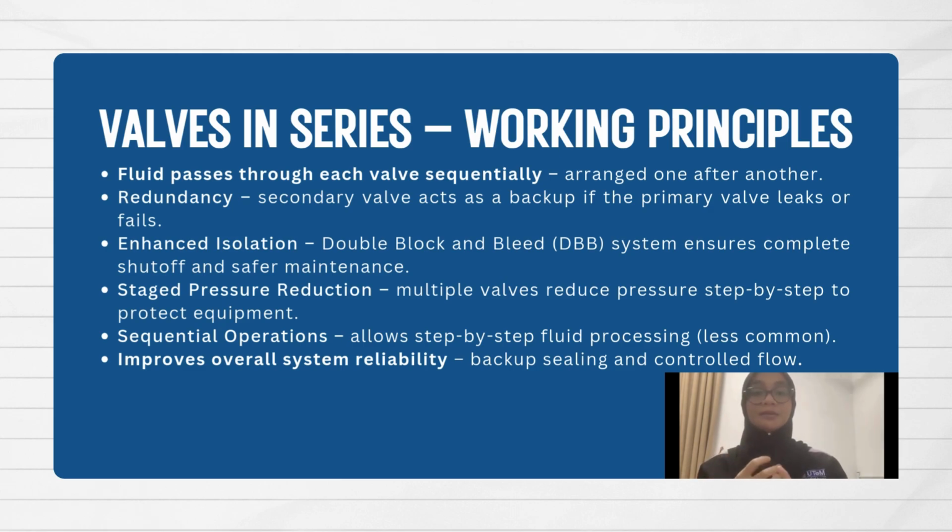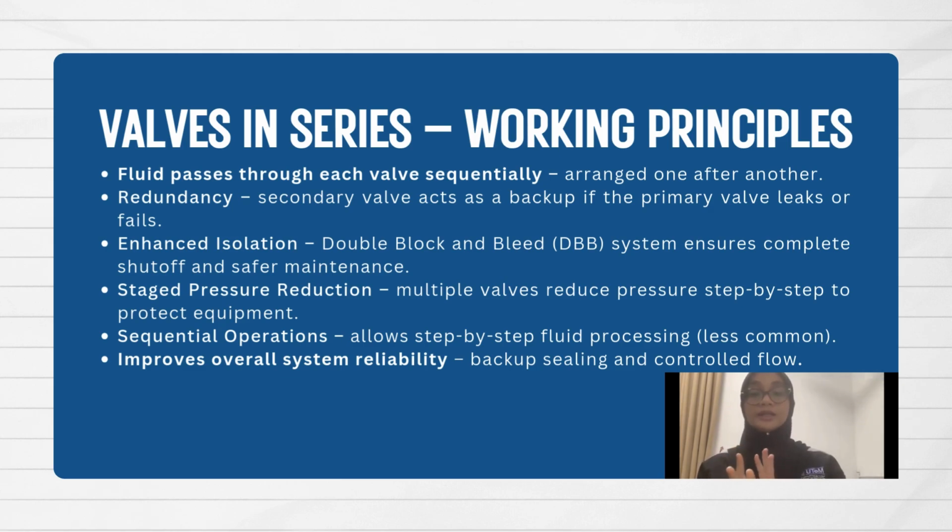A common example is the double block and bleed system, where two block valves are installed with a bleed valve in between. This allows us to safely release any trapped fluids and confirm full shut-off before maintenance. In some cases, we use multiple valves in series to gradually reduce pressure in stages, protecting downstream equipment from sudden pressure drops.